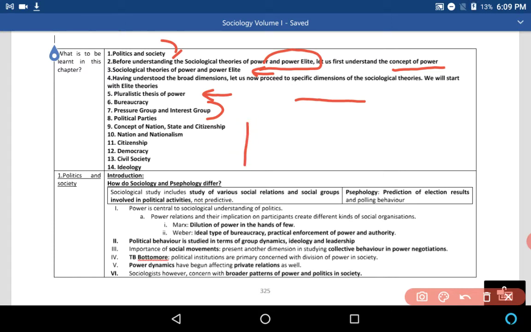When we study the subtopics of this chapter, we'll look at what various sociologists have to say about them, and we'll combine their theories with conventional thinking. First of all, you should have a basic understanding of the difference between sociology and psephology.